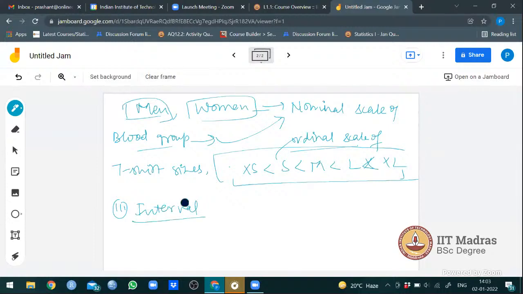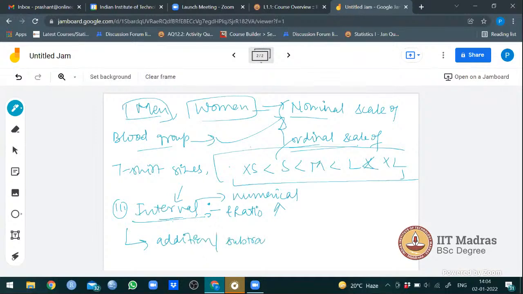Interval satisfies the properties of ordinal, meaning you can compare as well as order. Nominal and ordinal are used for categorical data, and interval and ratio scales are used for numerical data. In the interval scale you can perform addition or subtraction, but you cannot perform multiplication and division.